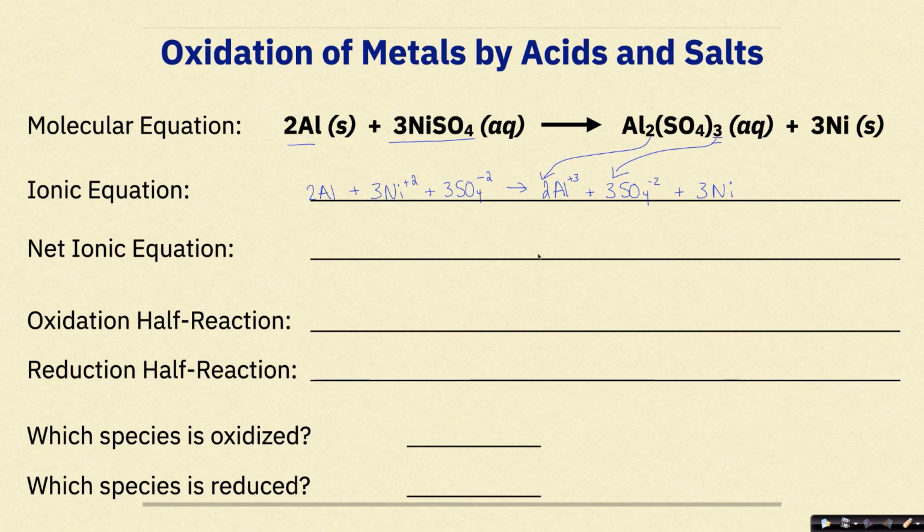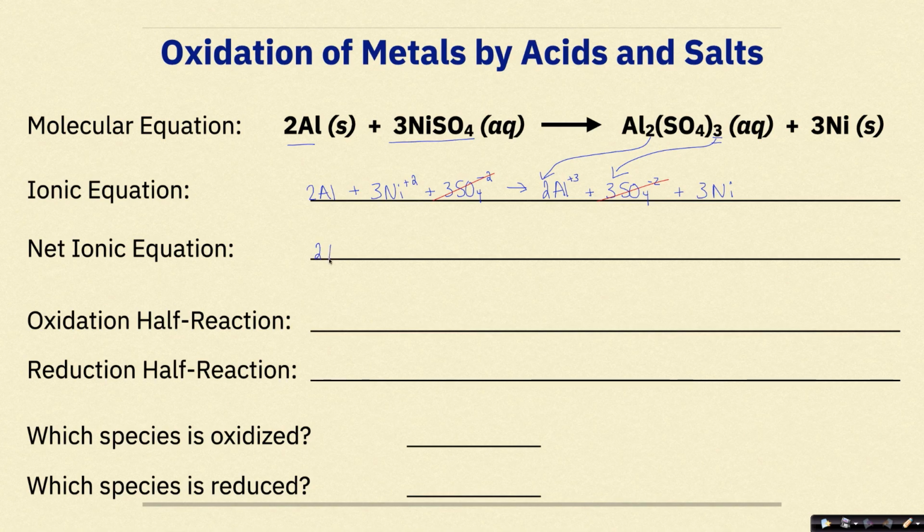The final thing that we want to do here before we move on to our net ionic equation is to cross out any spectator ions that we have. So 3SO4 minus 2, 3SO4 minus 2, those are crossed out. So when I rewrite my net ionic equation, if there's any element that does not have an oxidation number, I'm now going to include it.